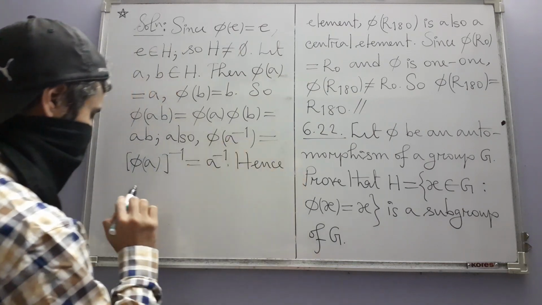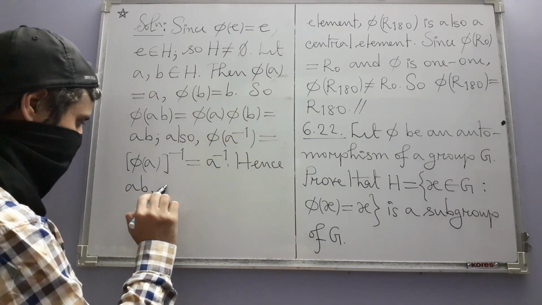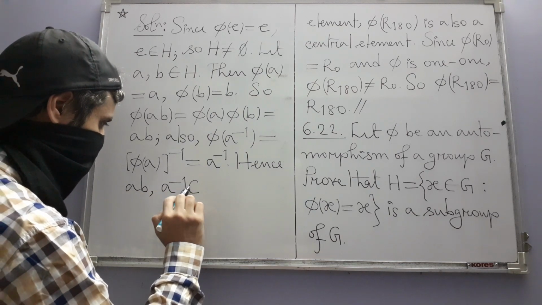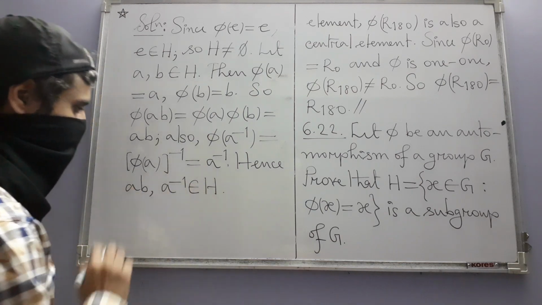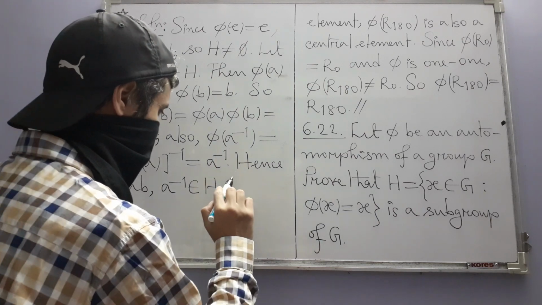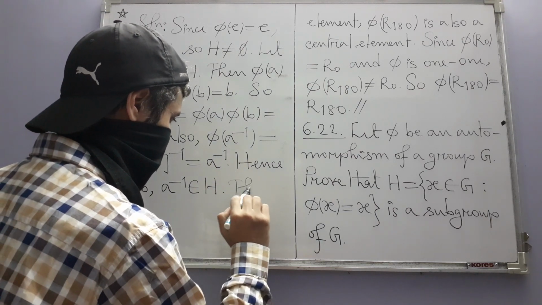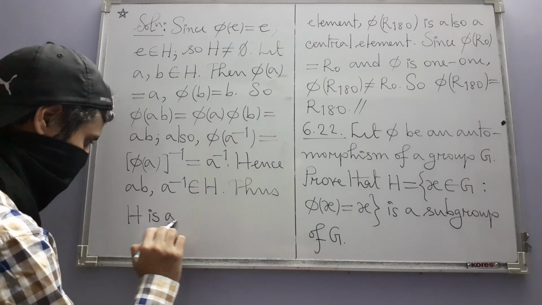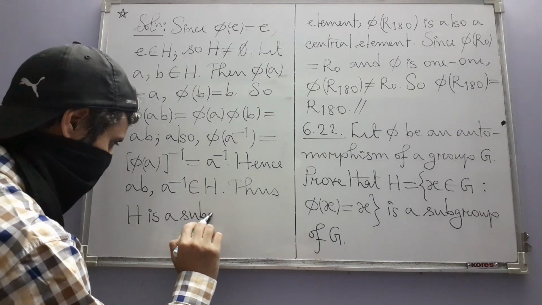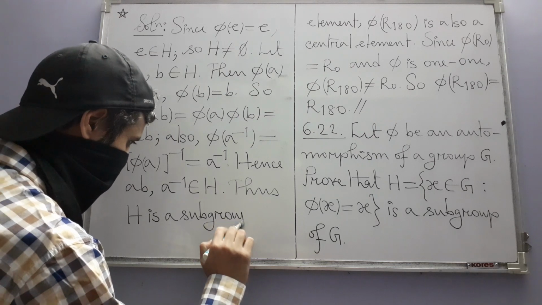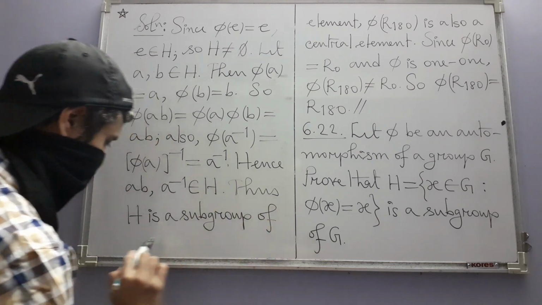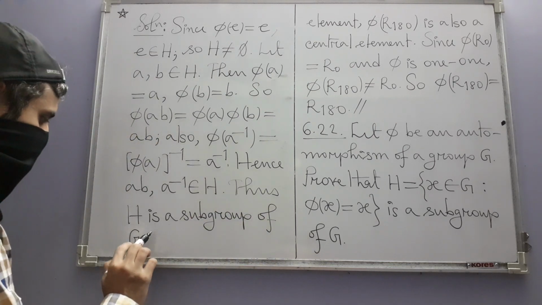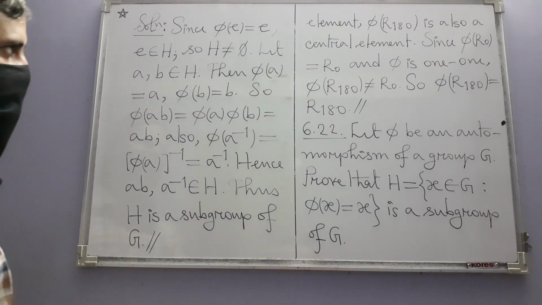Hence, AB and A inverse both belong to H. So by the subgroup test, thus H is a subgroup of G. So that is the solution.